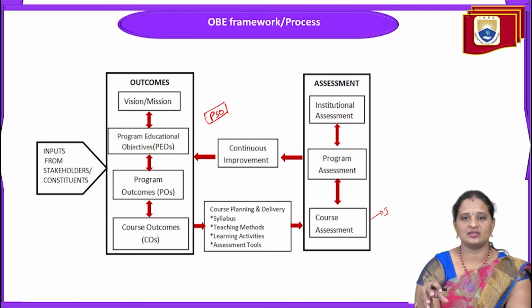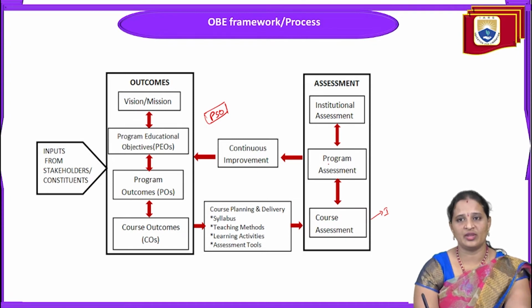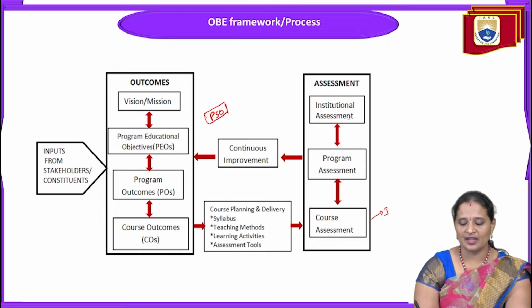By collecting the feedback from various stakeholders, the indirect assessment will be done. Based on this assessment, the entire program assessment will be done, either a BTech program or an MTech program. And finally, based on the outcomes achievement from the different programs, the institutional assessment is done.